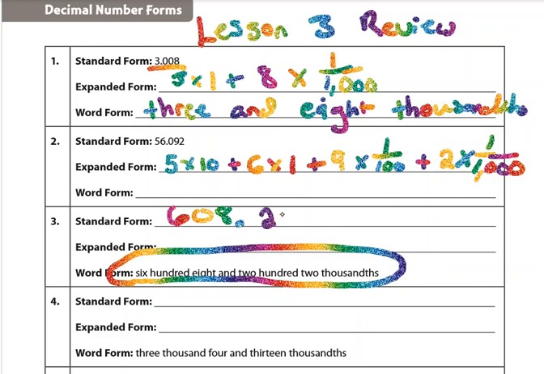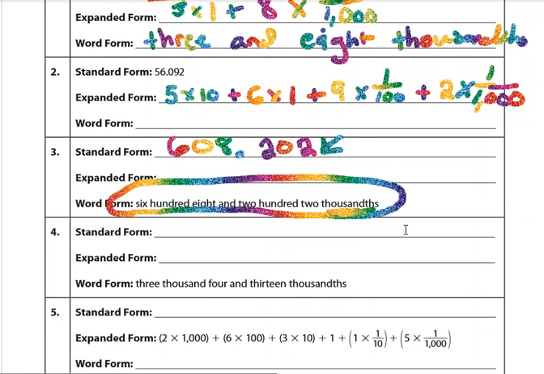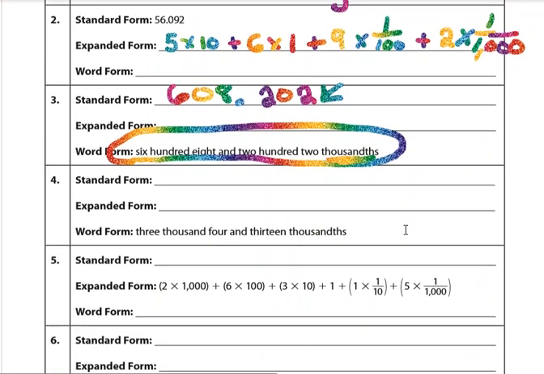So 202, and then that goes to the thousandths place. Remember, that shows our least value. My least value is my last value all the way to the right, and that is the thousandths place. So I'm going to scroll down because I want to take that number, 608 and 202 thousandths, and put it down at the bottom.